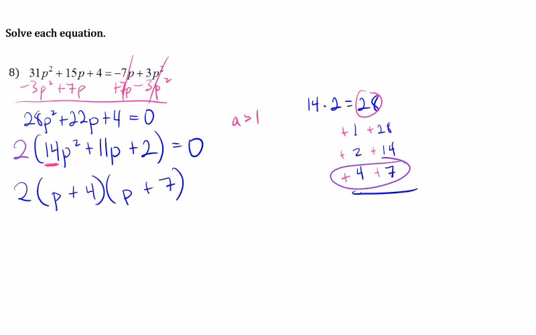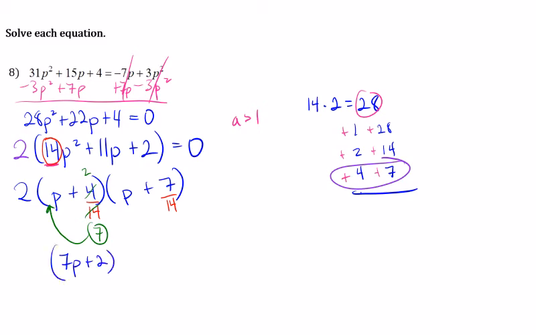All right, now here's the twist. Since I have a bigger than 1, I want to put that in the denominator. And then we're going to reduce. So 4 over 14 reduces to 2 over 7. So I'm going to bring that 7 to the front. So it's going to be 7p plus 2.